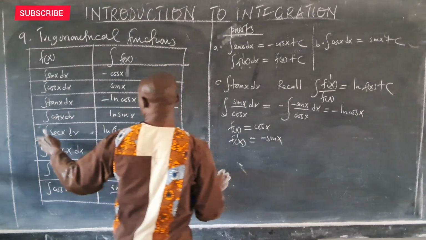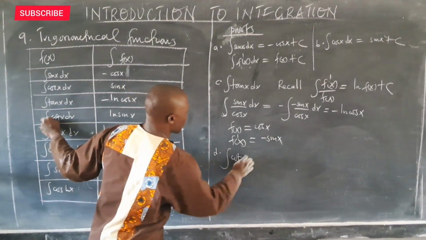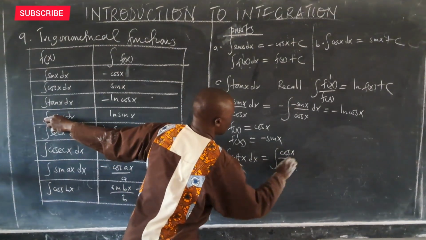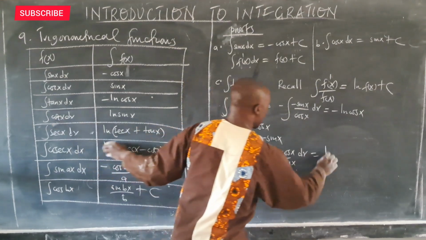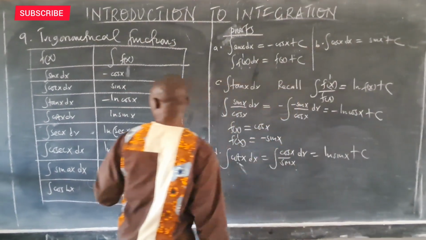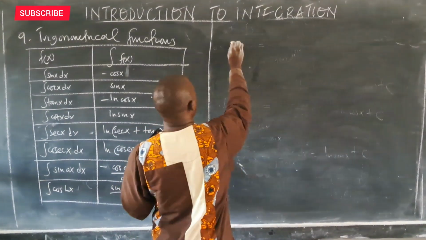If we had the cot, the integral of cot becomes the integral of cos x over sine x. If you differentiate this, you get this. So this becomes ln sine x plus c. So let's try to look at the others.